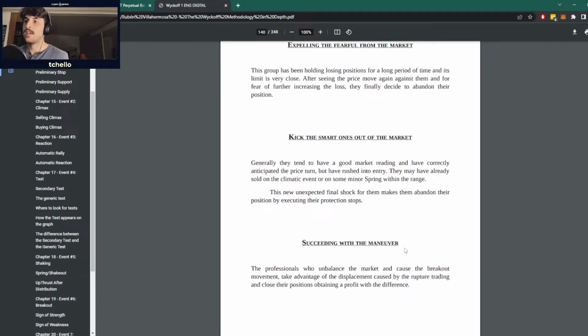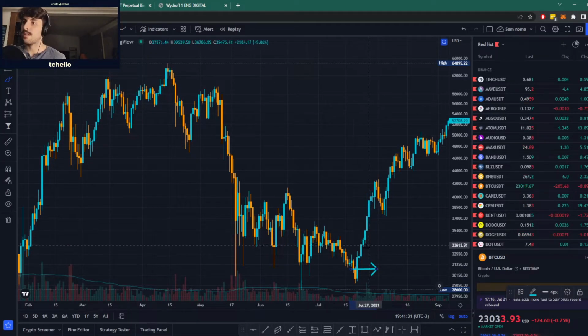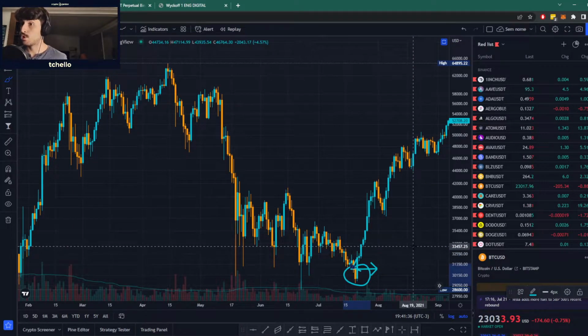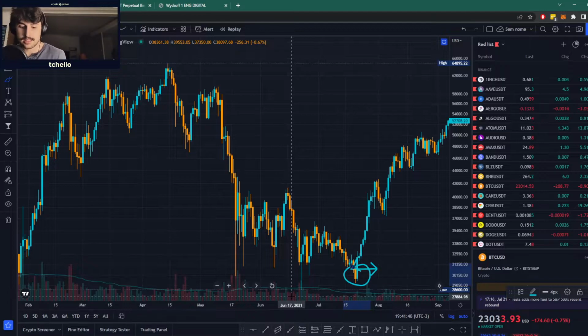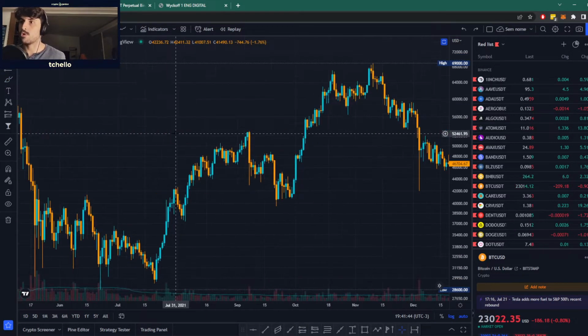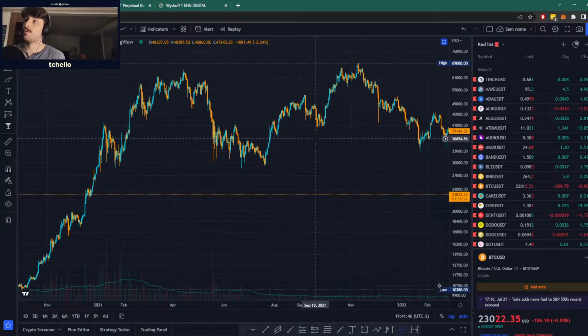Finally, it also kicks the smart ones out of the market, because even if you have a good reading of the market, in these times you might have a bit of emotional thinking or whatever. Look, we all like to pretend that we are emotionless people when we are trading, but we are not.